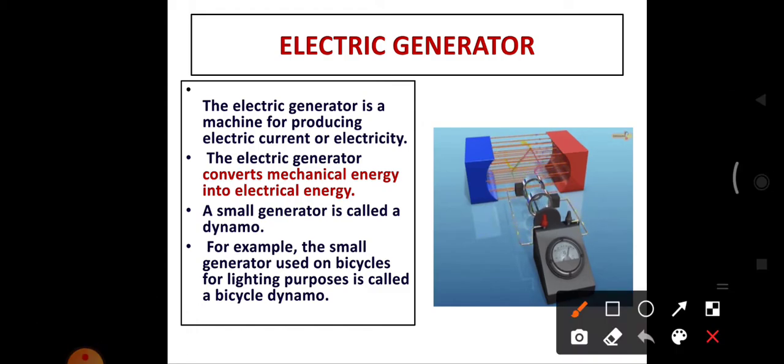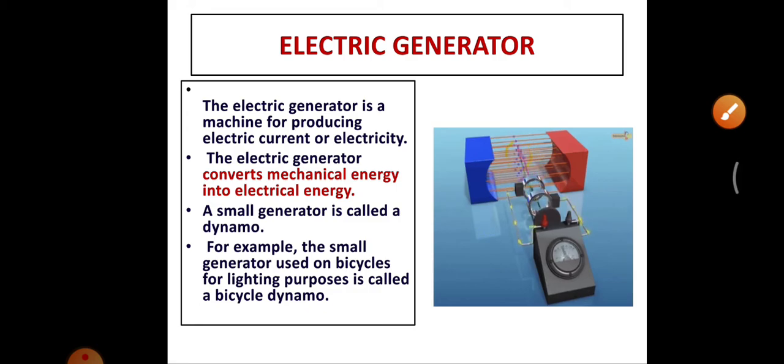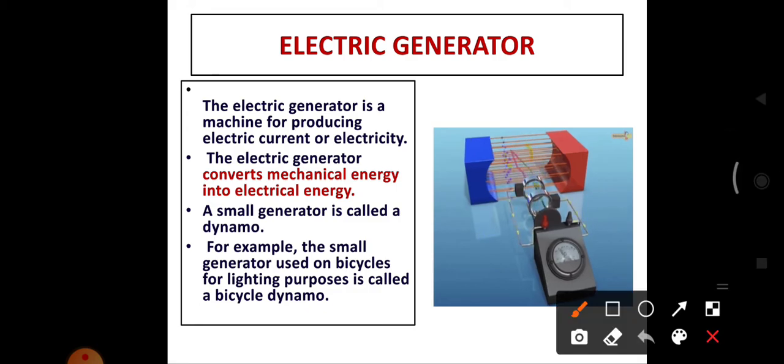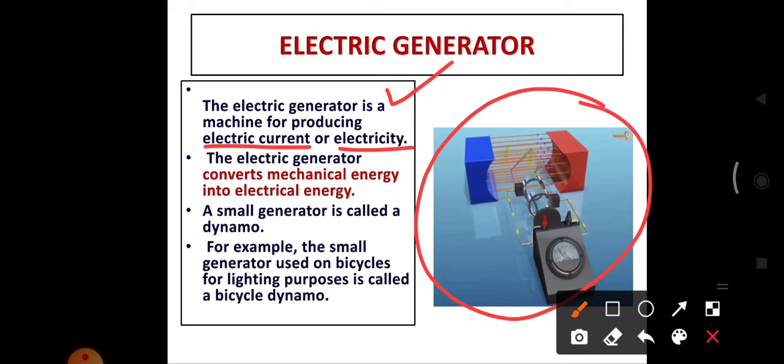The electric generator means it induces the current. So what is meant by electric generator? An electric generator is a machine for producing electric current or electricity. So this electric generator produces electricity.